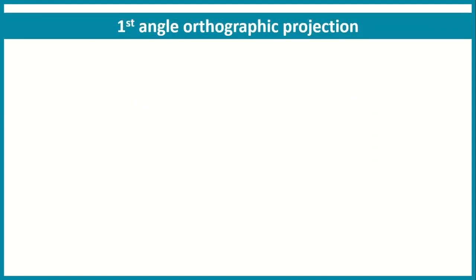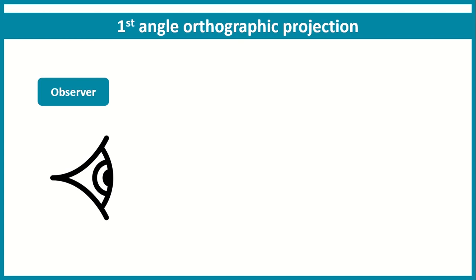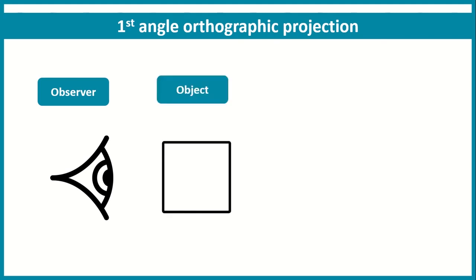In Europe, the standard orthographic projection is known as first angle orthographic projection. This concept means that the observer or the person looks at an object and projects an image of that object onto a plane.